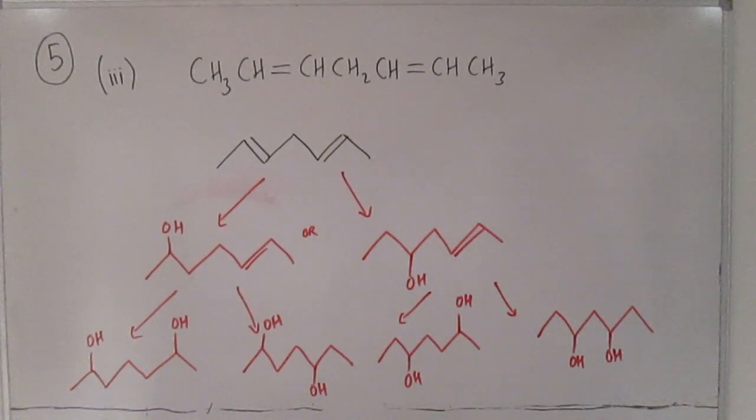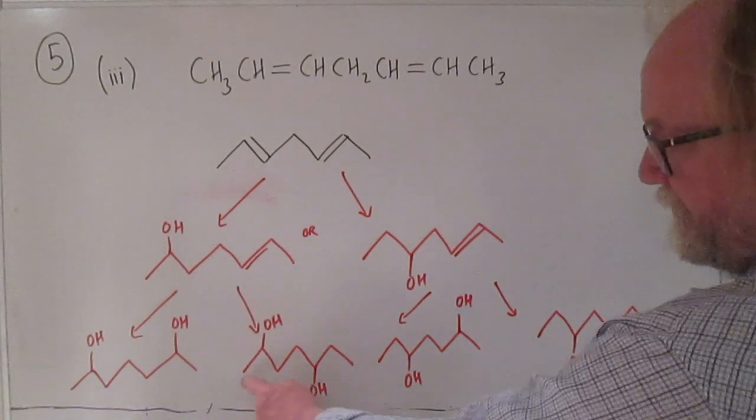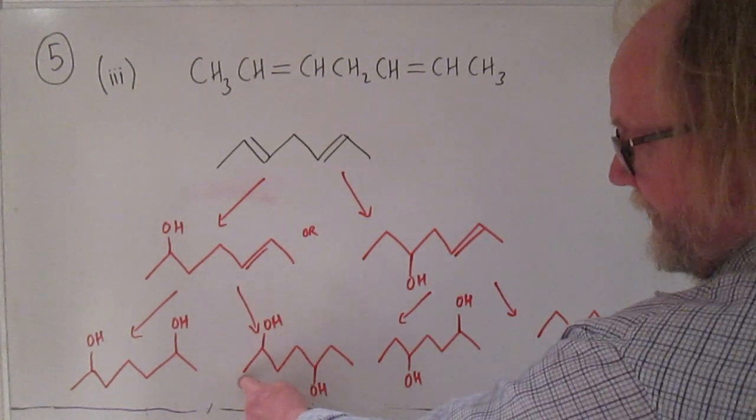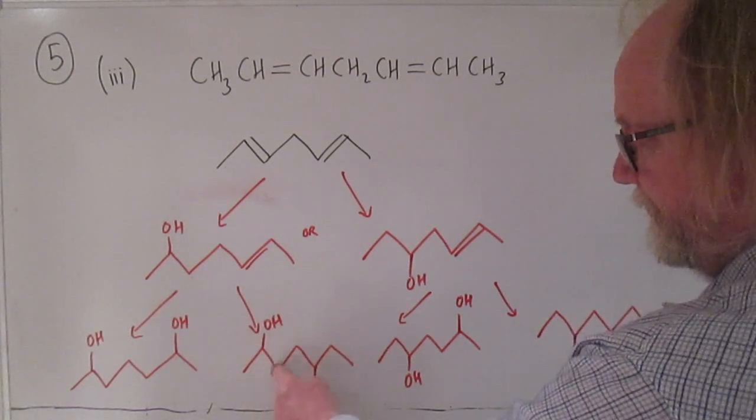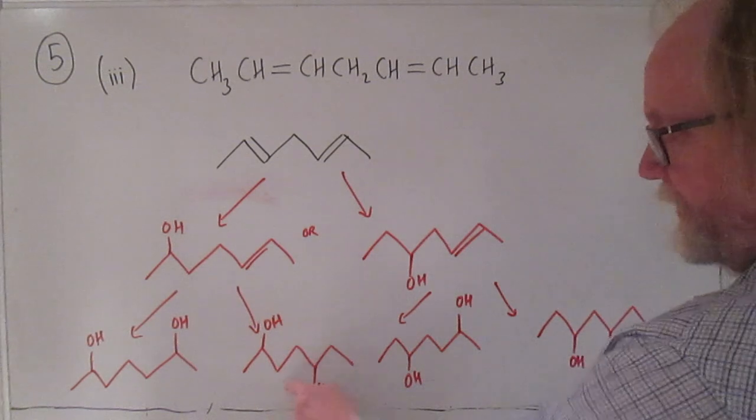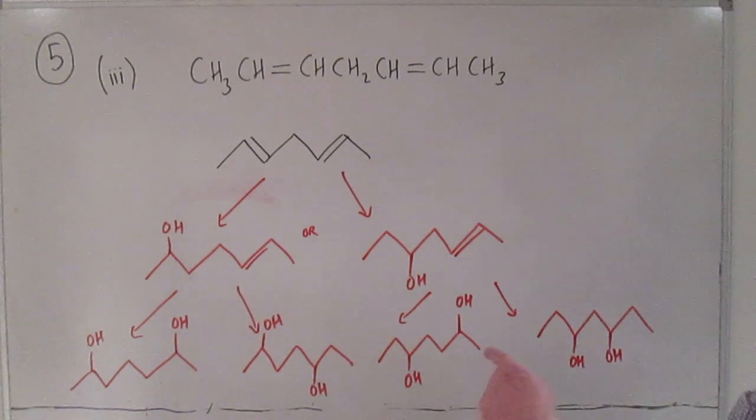If you have trouble visualizing that, one way to convince yourself that it's true is do the sort of naming thing. In other words, count the carbons and actually number the carbons where the OH is attached. So you can see here, if we start from the end closest to the OH, you've got 1 at carbon 2, and then 3, 4, 5. So this is the 2,5 isomer. This one, again, you start numbering from the end closest to the OH.